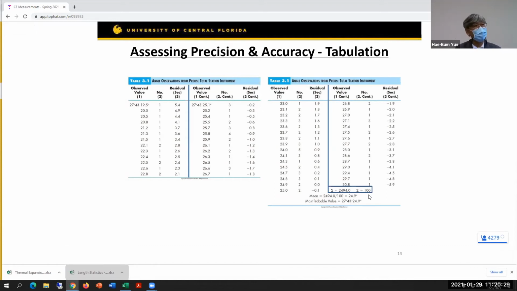That gives you the sample mean. And then the most probable value of the observed angle is this: 27 degrees, 43 minutes, 24.9 seconds. So this is how we can find the most probable value as a sample mean.